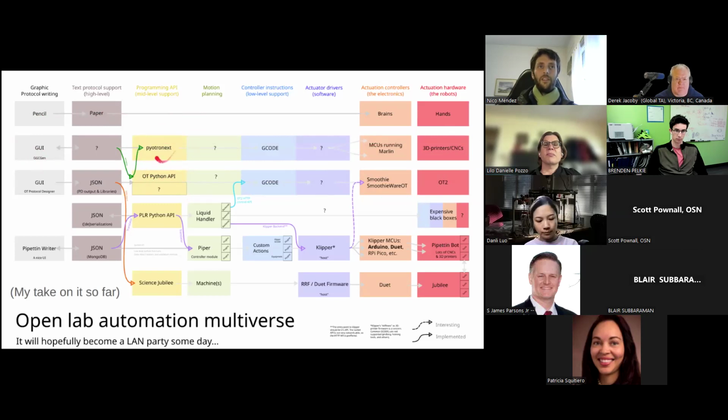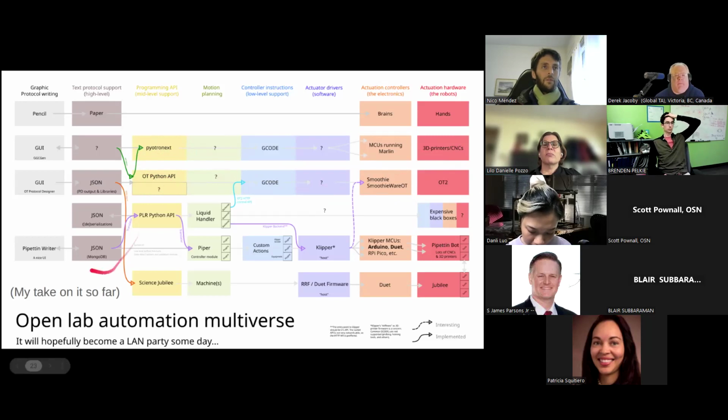So I talked with this guy before embarking on all of this, and he told me that I shouldn't use his project, but that avoiding all of this part was a good idea because it was very hard to split into modules and to reuse. So I went my own way, which is over here. The idea, though, was to benefit from the protocol designer output and libraries from Opentrons. And this is something that Science Jubilee has done, which I think is great.